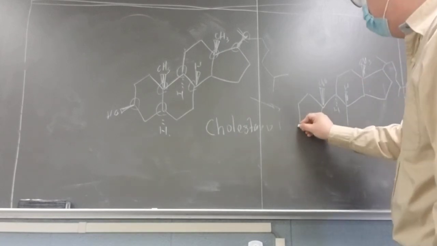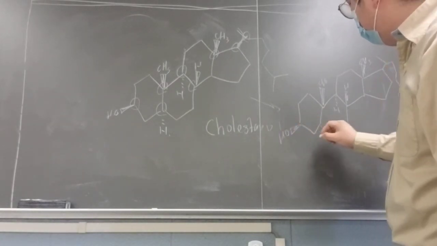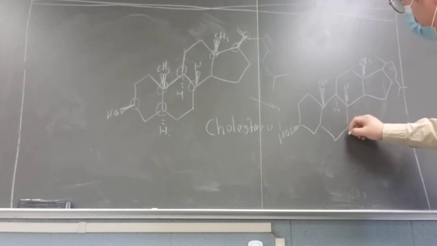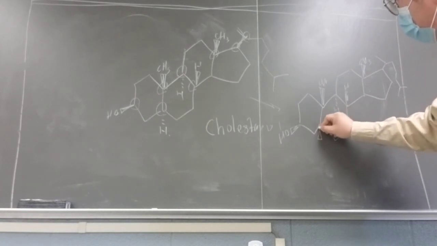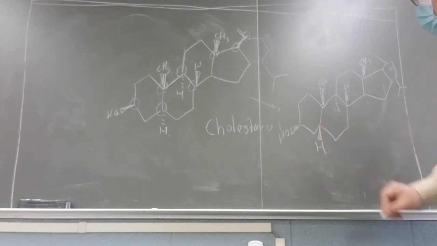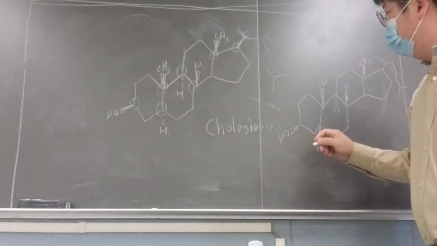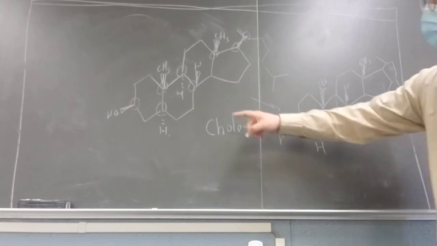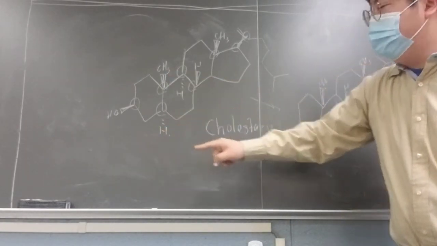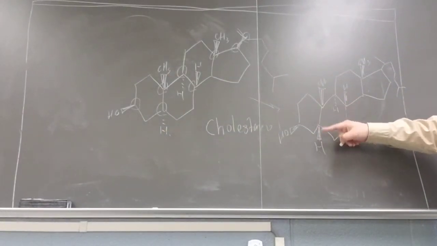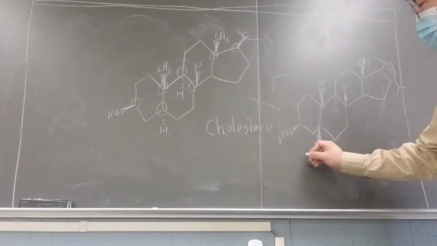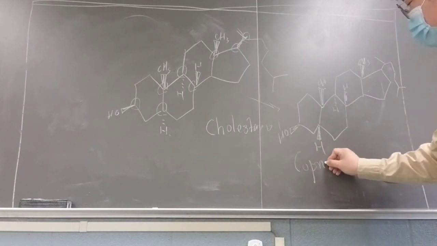And then, oh yeah. But here, that is going to be here. Okay. So you see there are the methyl groups and hydrogen. The methyl group and hydrogen are trans, up and down, up, so cis, the same position here, right? And we call this coprostanol.